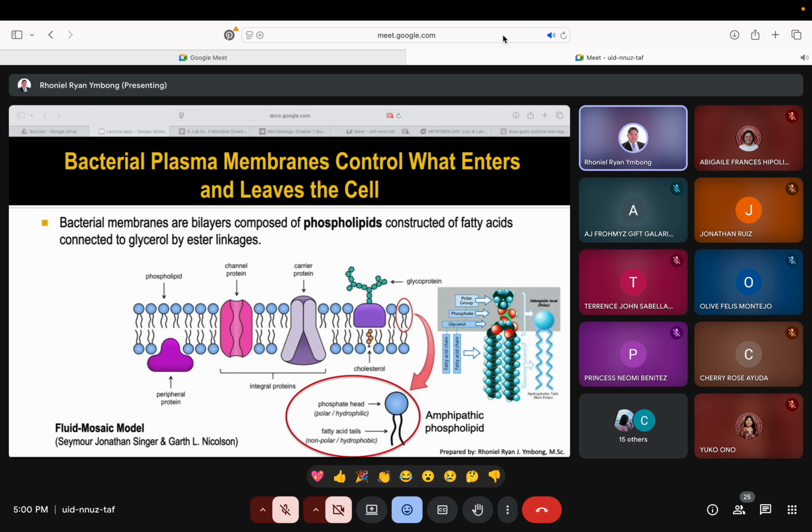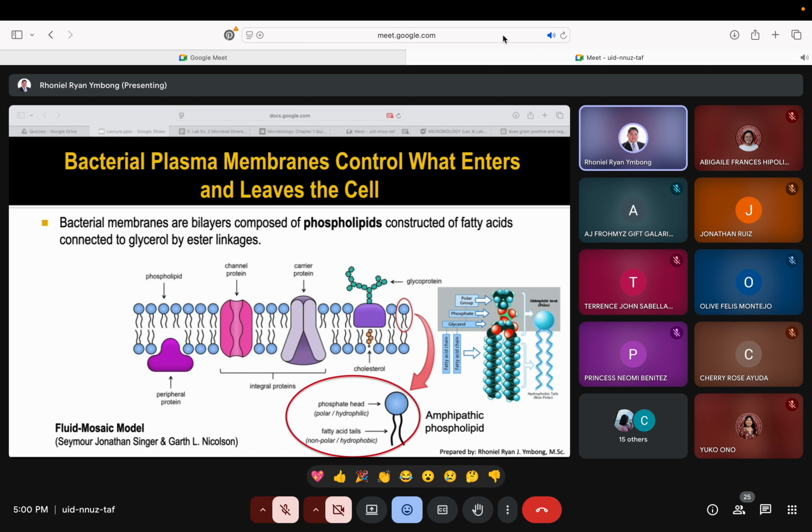Now, this particular lipid bilayer, you have here the structuring of your phospholipid. The head portion is made up of a polar group of organic materials, linked to your glycerol with the presence of a phosphate group.